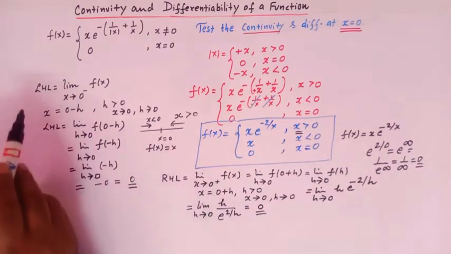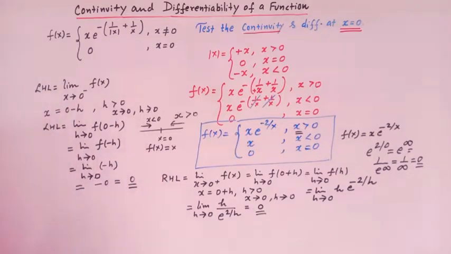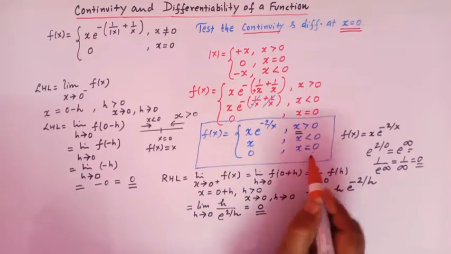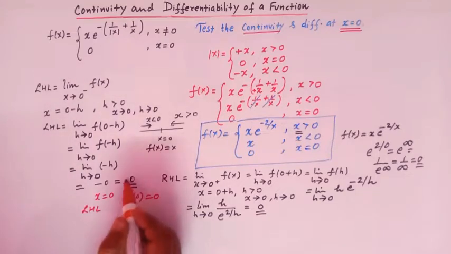So now we see that the left hand limit and the right hand limit both are equal to 0, and moreover the value of the function f of x at x equal to 0 is given as 0. So we conclude that the left hand limit exists and it is finite, that is 0.